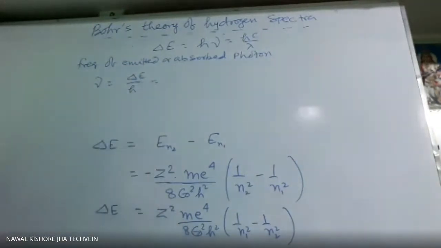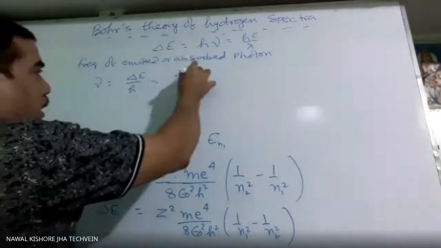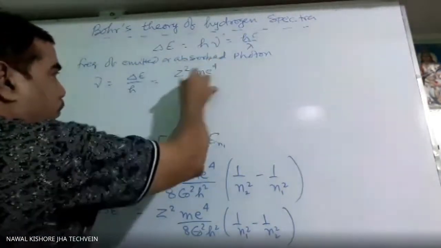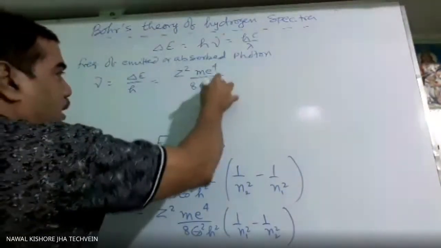So one more h will come here. So Z square Me4 over 8 epsilon naught square h cube.